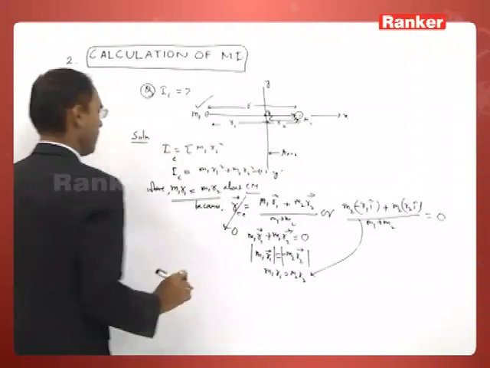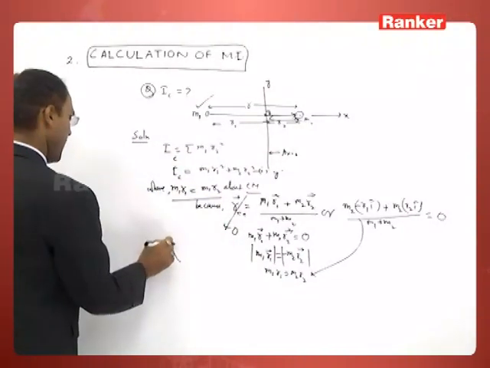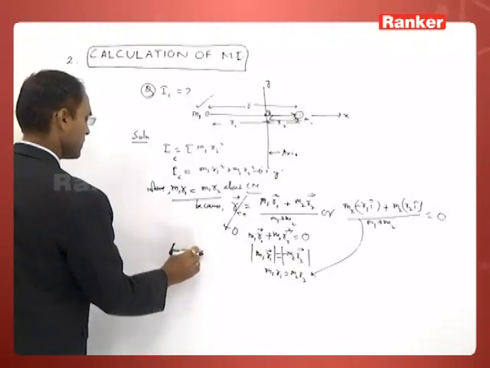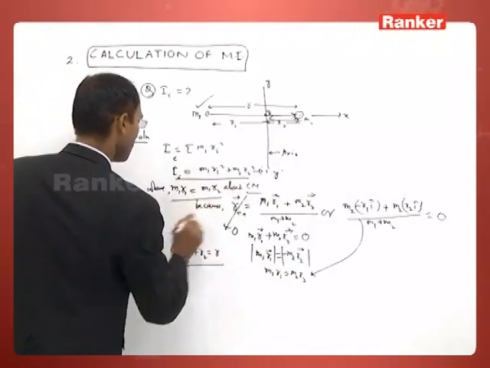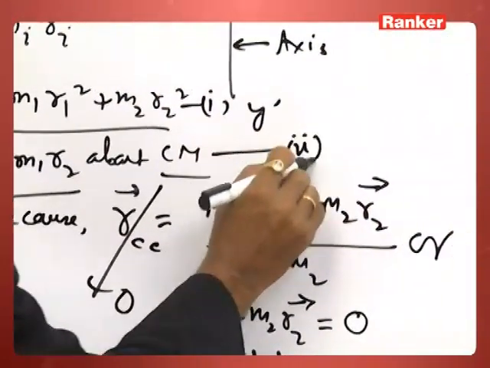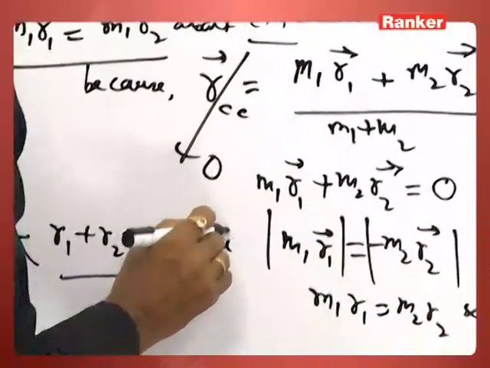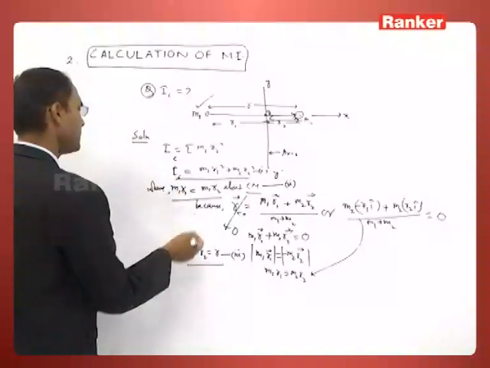Therefore, we can write M1 R1 is equal to M2 R2 and R1 plus R2 is equal to R. Using these three expressions, expression 1, expression 2 and expression 3, we can get the answer.